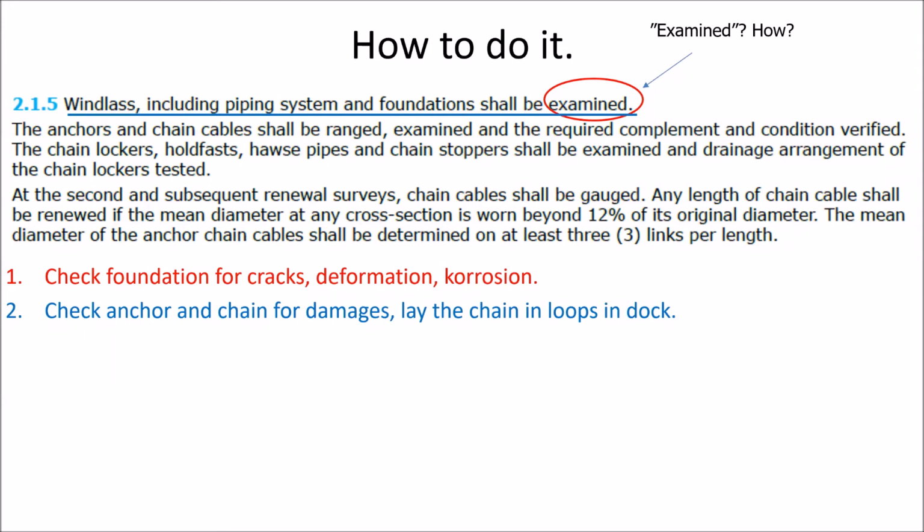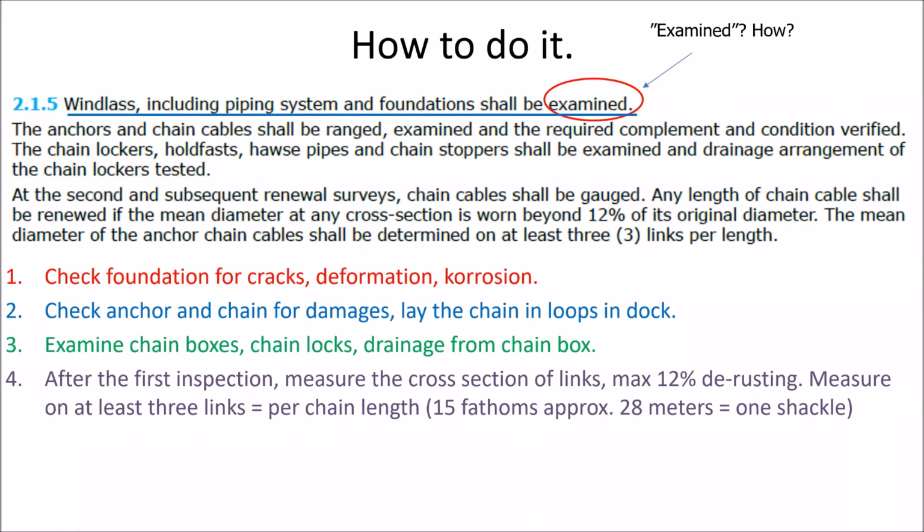Lay the chain in loops in dock. That's usually what to do. You put them like 10, 20 meters back and forth like that, and you check them if it looks good or not. And you take some samples. You check the width, and then you check the height of the cross section, and you just estimate the difference. Then you examine the chain boxes, the chain locks, drainage from the chain box as well.